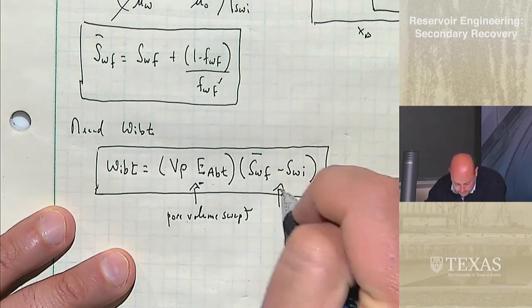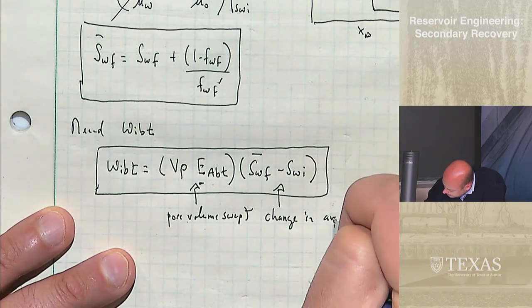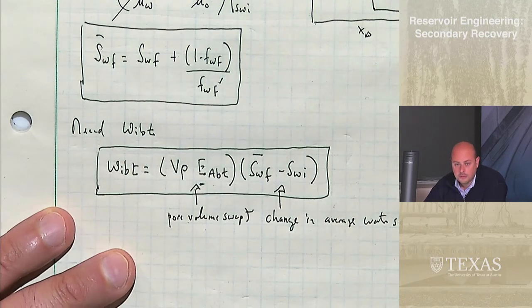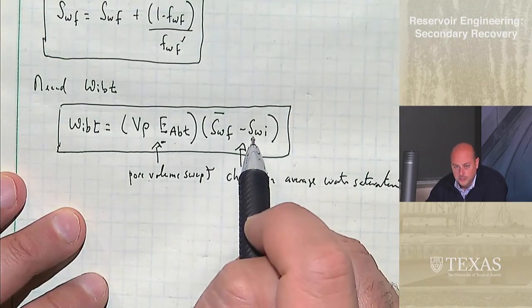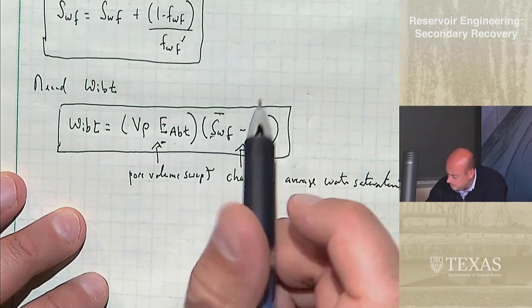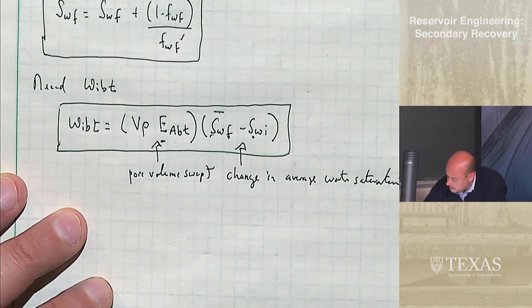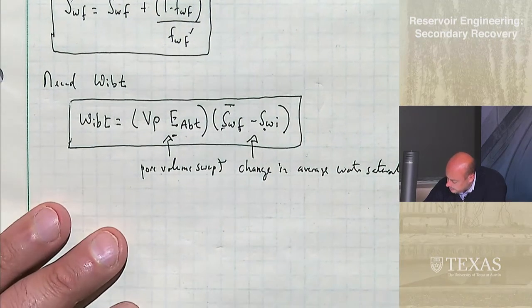So this term in parentheses is the change in average water saturation that occurs along those streamlines. So SWI was the initial saturation, SWF bar was what we just calculated, and that's that average saturation behind the saturation front, and we're looking at breakthrough, so it's gotten through there.